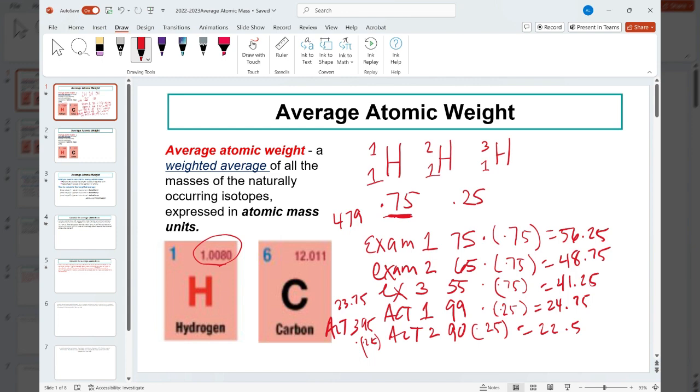So if I was to add them all together, 56.25 plus 48.75 plus 41.25 plus 24.75 plus 22.5 plus 23.75, I'm going to end up with, as long as I calculated it correctly, a total of 216.75. So if I take 216.75 and divide it by all the points it is worth, 479.